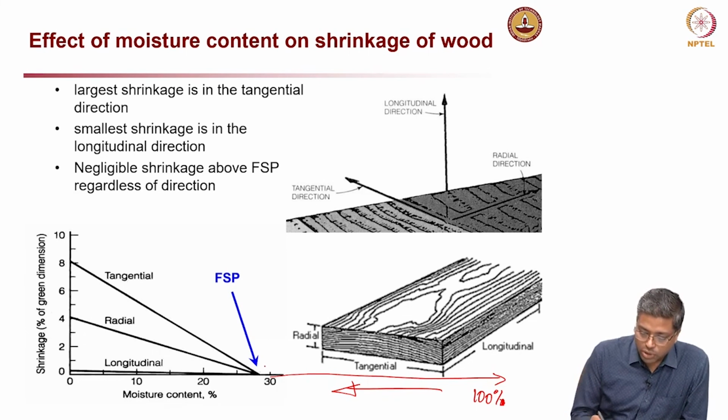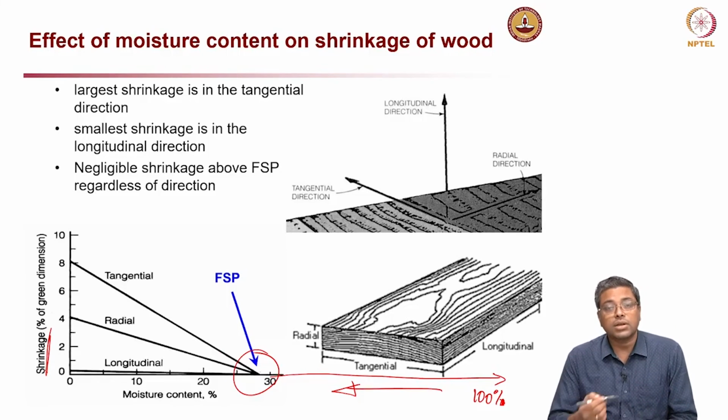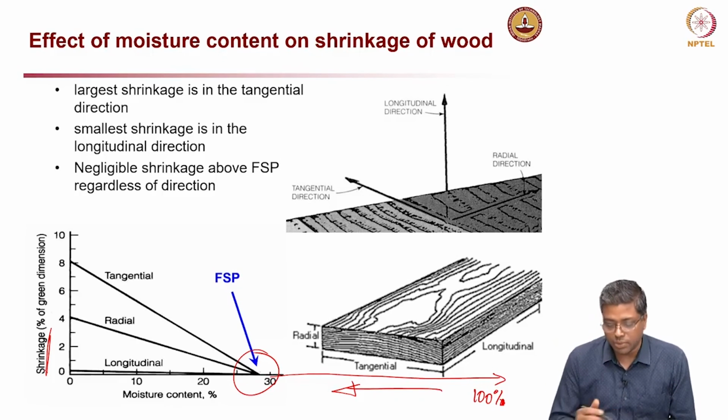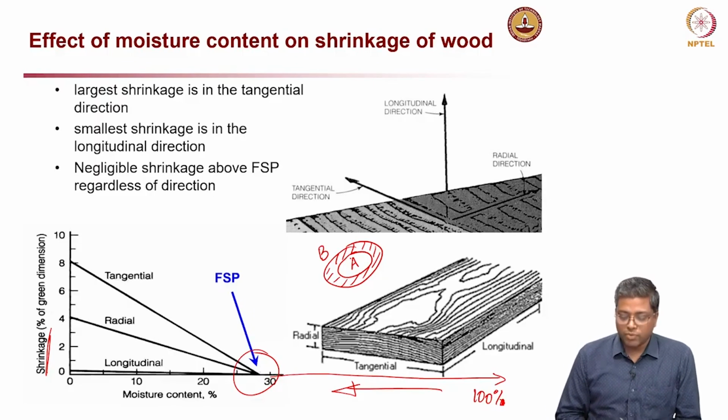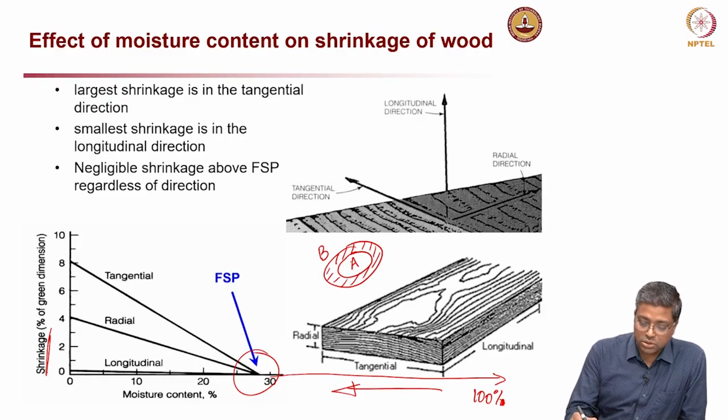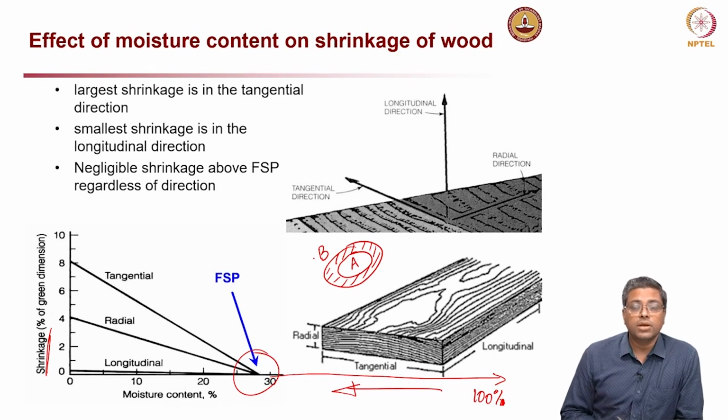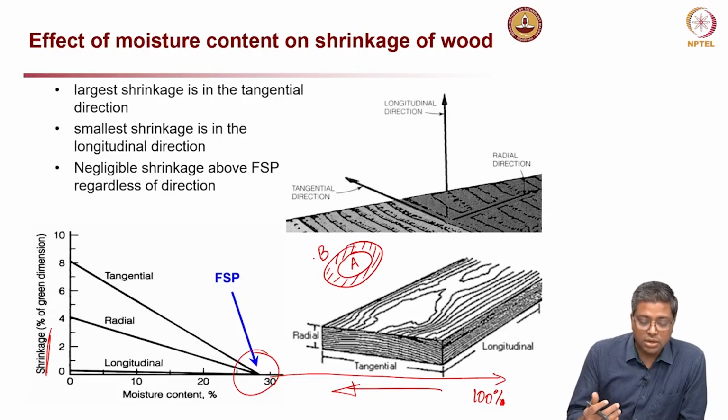Up to about 20 to 30%, that is this region here, there is no change in the shrinkage property because the water from the cell cavity is being evaporated. This is what I drew earlier: this is the B region and this is the A region. After this 20 to 30%, as you further dry, you are removing water from the wall region, that is the B region, and that leads to change in the properties.